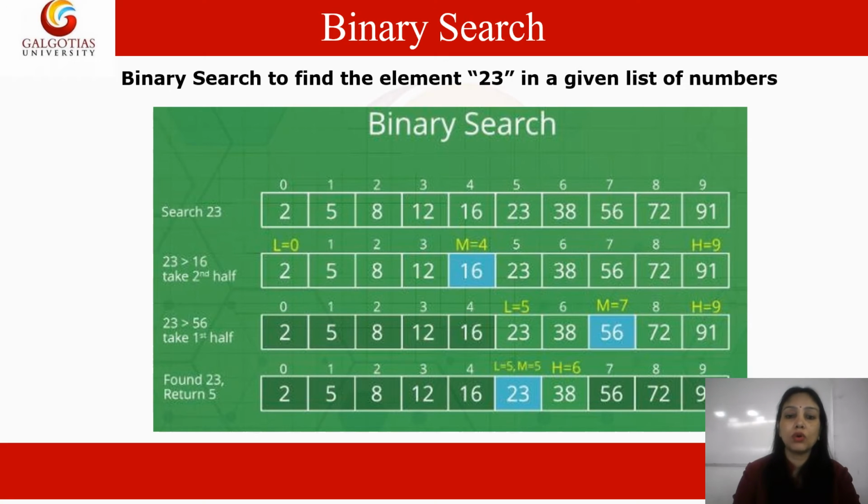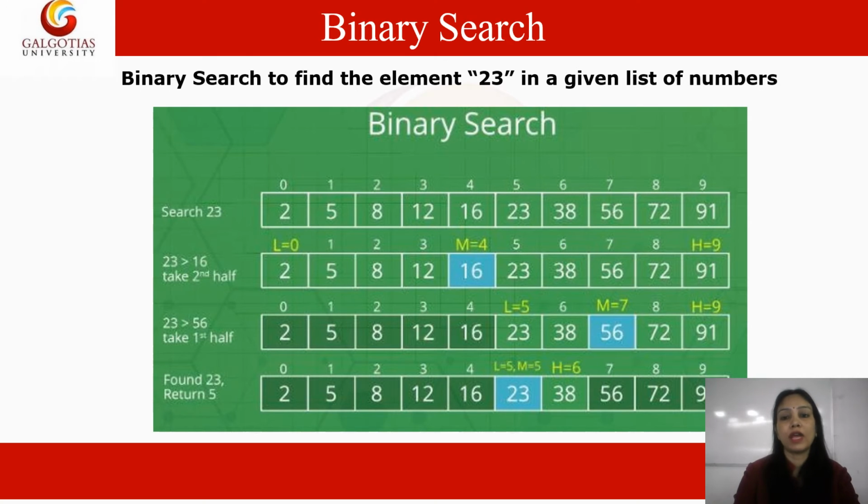So first we will find the mid, the midpoint of that list, right? The size of this array is 9, and if we find the mid, we get 4. The value at array location 4 is 16.